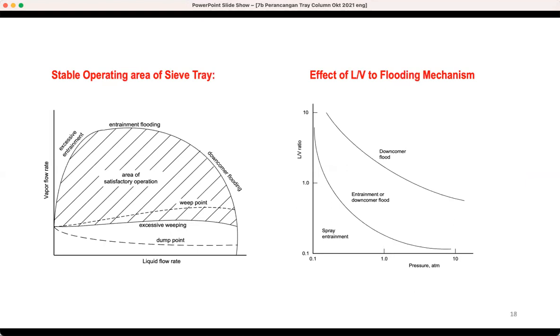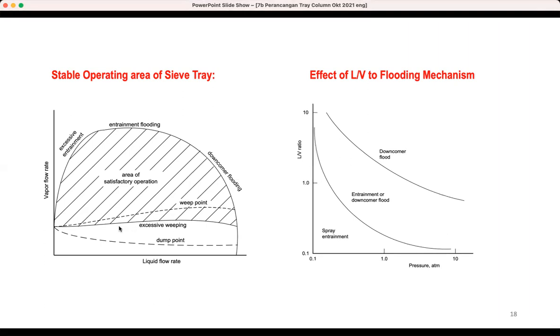Okay, so let's have a look at the stable operating area of the sieve tray. Just look at that: the horizontal axis is called the liquid flow rate, and the vertical one is called the vapor flow rate. When you have a low vapor flow rate in this area, you have a weep point. Weeping is when the liquid drips through those perforated holes into the bottom tray.